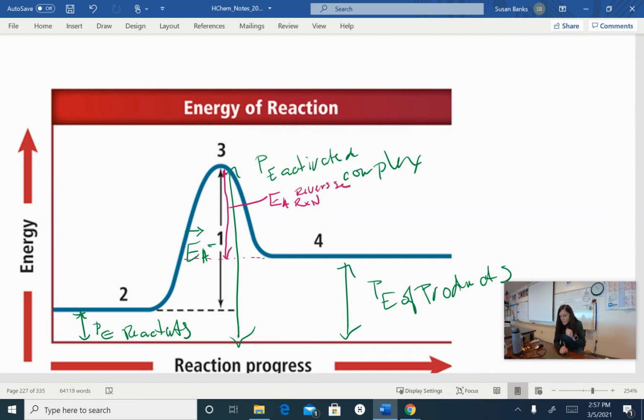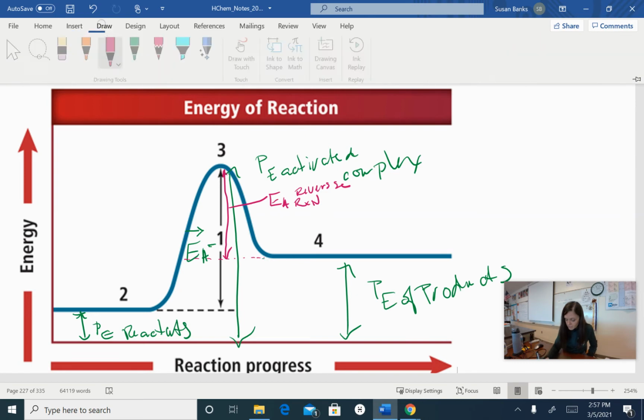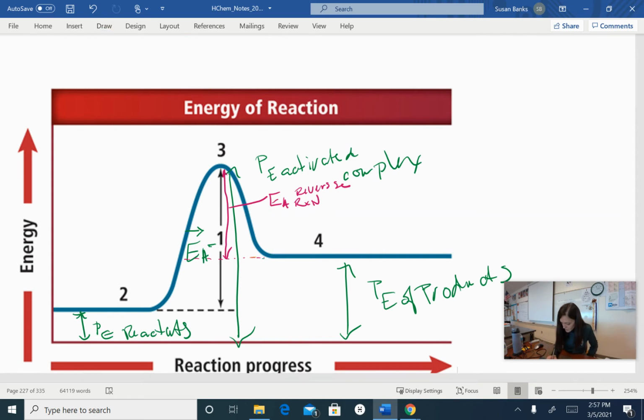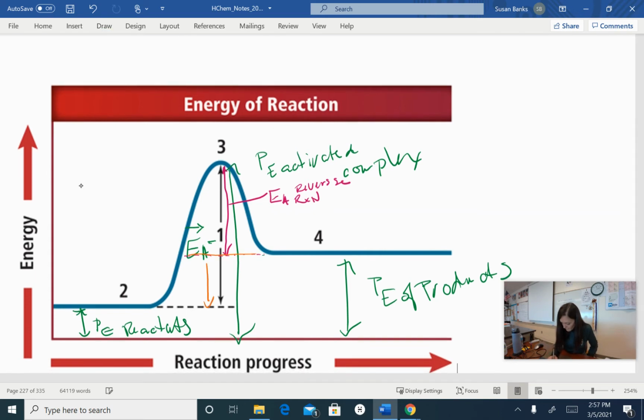Okay. And then let's see, what else could we do? We could also do our enthalpy of this reaction. The enthalpy is the difference between the products and the reactants. So this is my enthalpy, or my delta H, the energy in here.